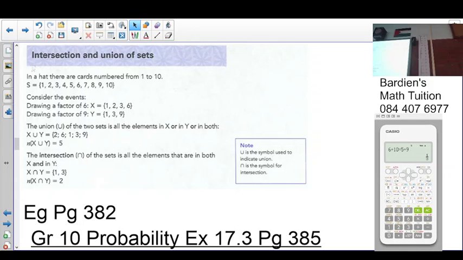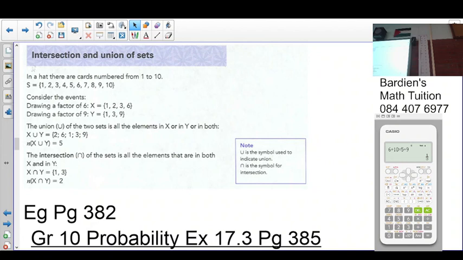Numbers that can be divided into 6 without a remainder. So drawing a factor of 6 is 1, 2, 3, and 6. These numbers can divide into 6 with no remainder.